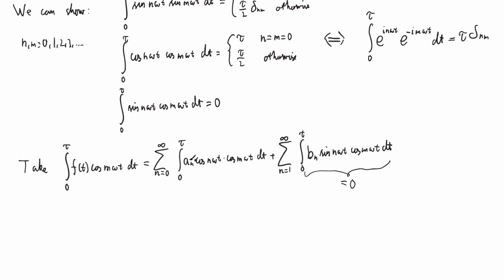And that this integral, well, that's given by this result here. So assuming that m is not equal to 0, let's do that just to make things a little bit simpler, then this becomes equal to am times tau over 2.